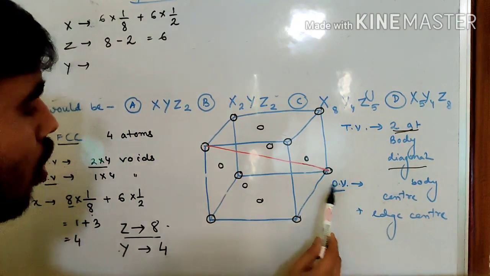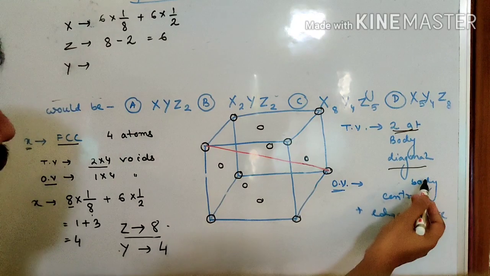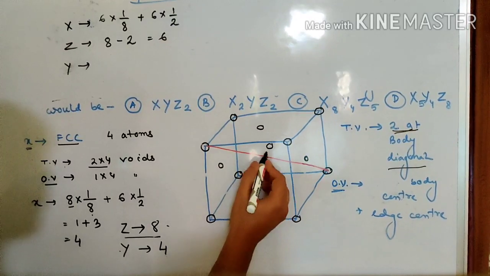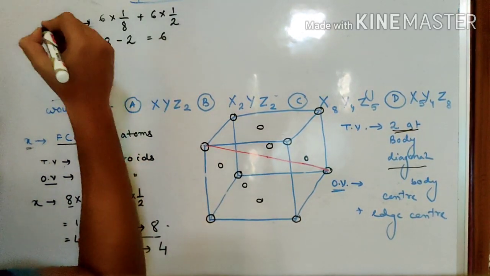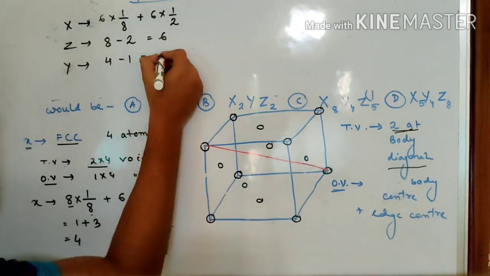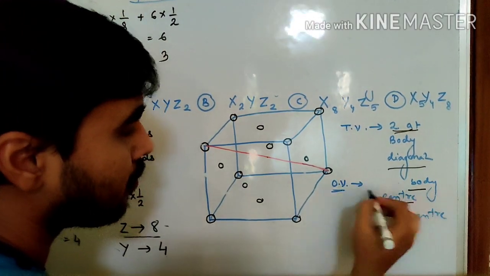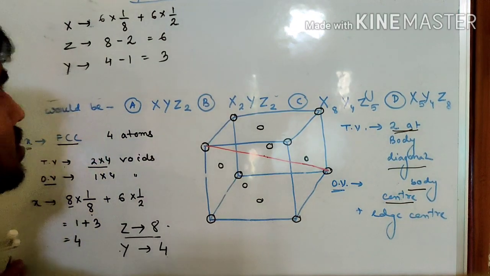There are 2 types of octahedral voids. One at the body center. Obviously the body center atom will be removed because the body diagonal goes through the body center. So if earlier there were 4 atoms, it will be 4 minus 1, which is 3. The body center atom from the body diagonal will be removed. The edge centers will remain as they are.